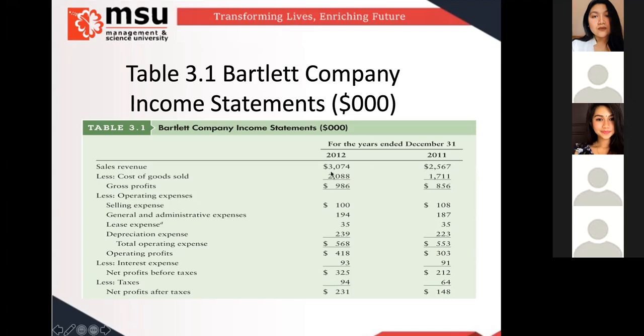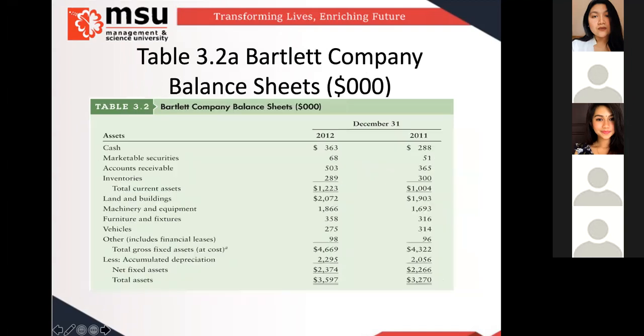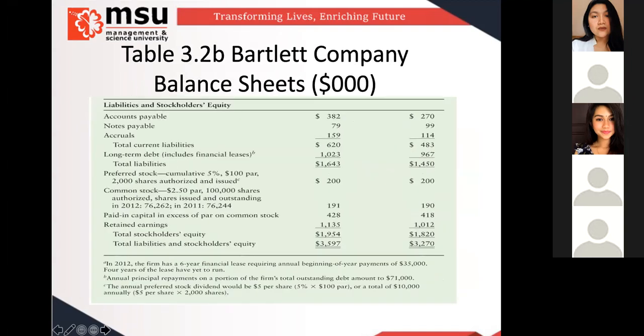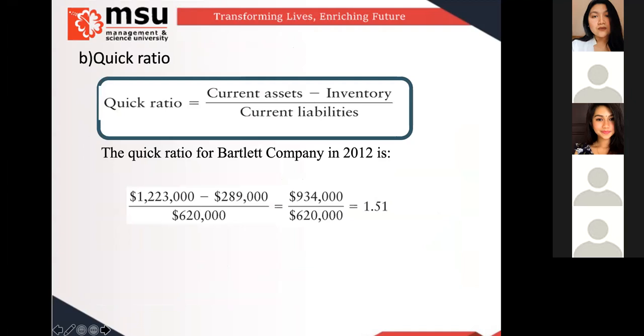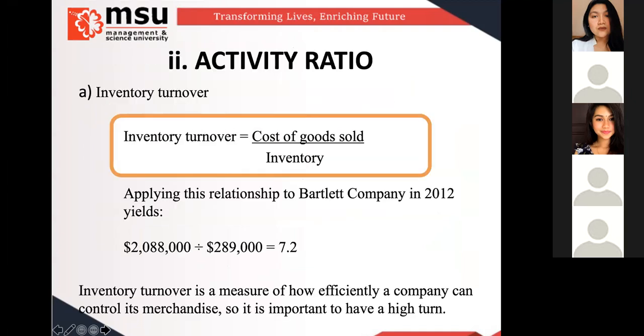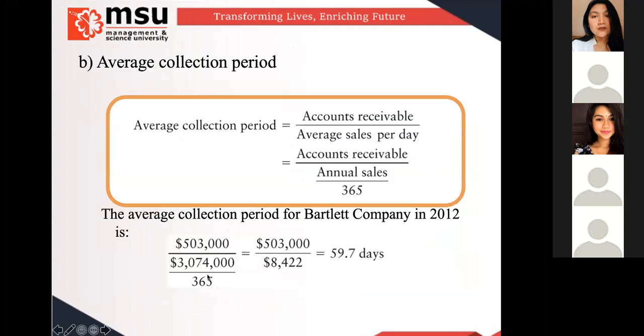So it is 3,074, but we only want it for daily, so we have to divide by 365. 3,074,000 divided by 365, the answer is 8,422.